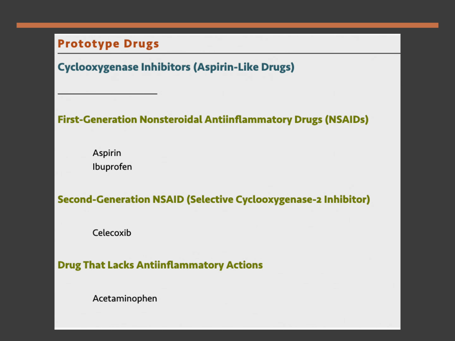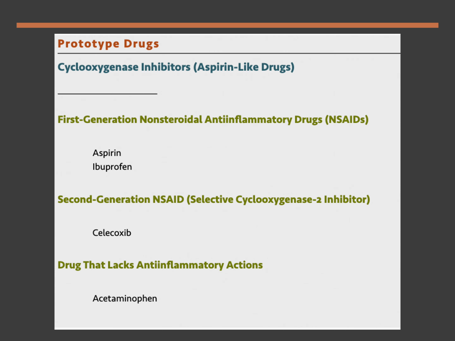All right, let's take a second look at our prototype drugs. The cyclooxygenase inhibitors or COX inhibitors, we've already discussed what first and second gen NSAIDs are. So as a reminder, aspirin and ibuprofen are our prototype drugs for the first gen because these are non-steroidal anti-inflammatory. And then the second generation NSAIDs, these are selective only to the COX-2 inhibitor.